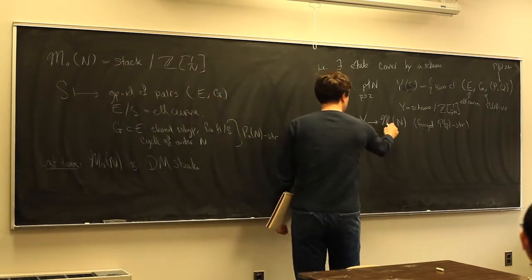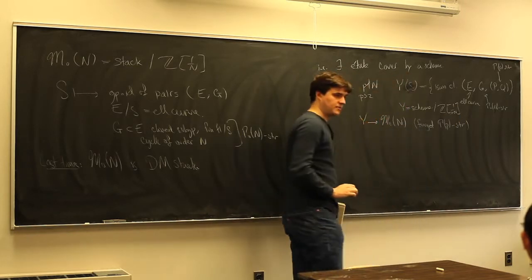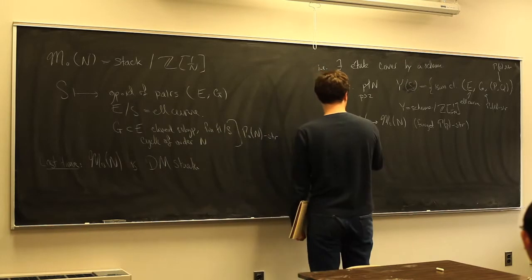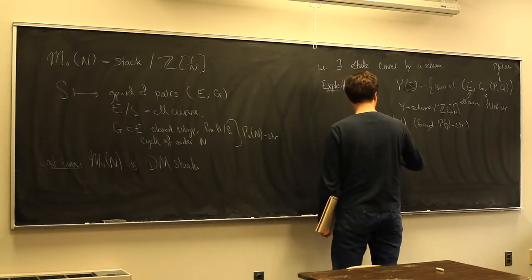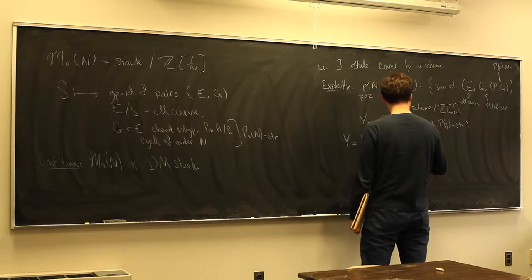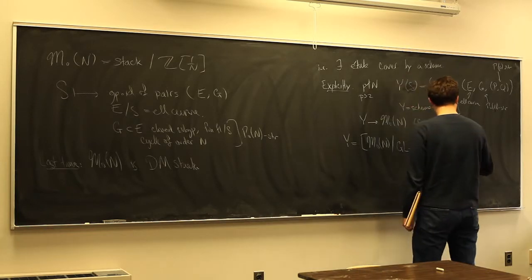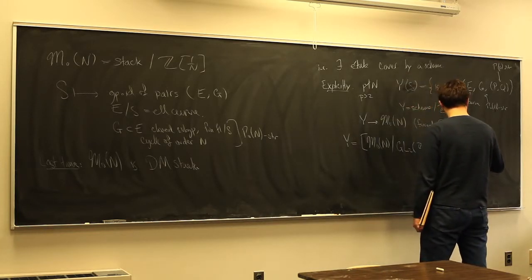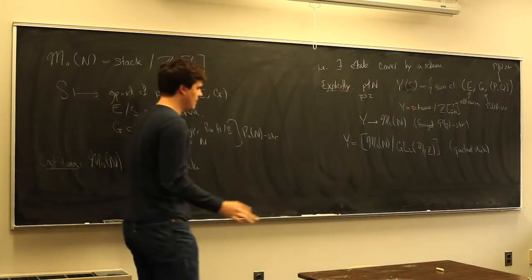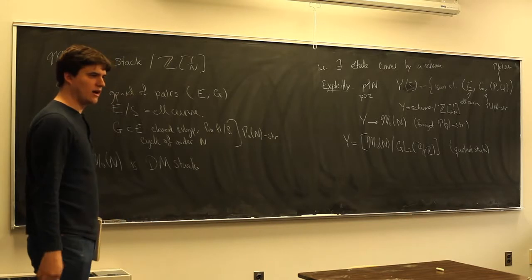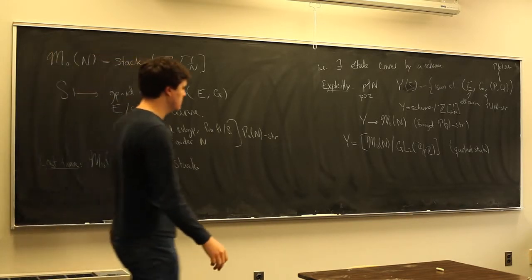And so actually, M_0(n) is the quotient of Y by the GL_2(Z/p) action. It's the quotient stack. If you remember, this is how we even constructed the schemes Y(n) last time for certain n's, using Y(3) with added structure and then took quotients.